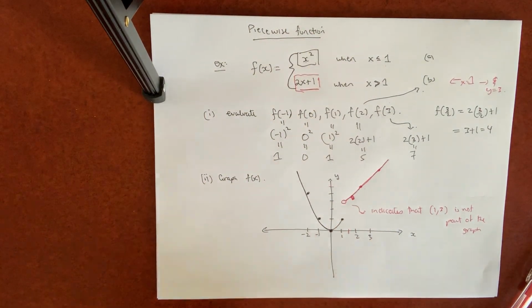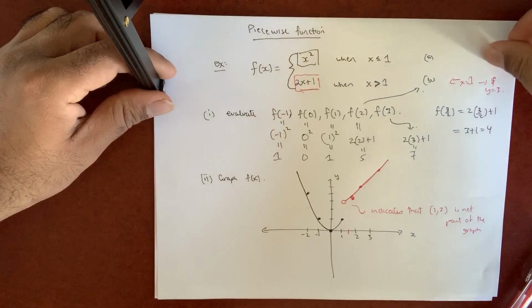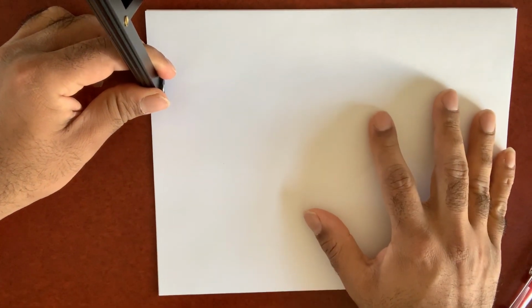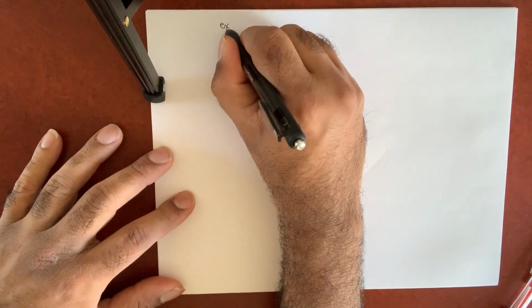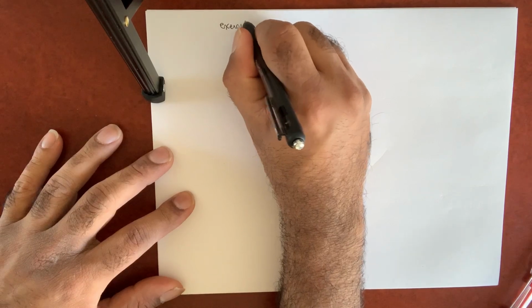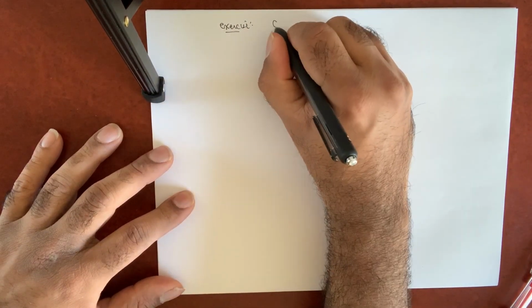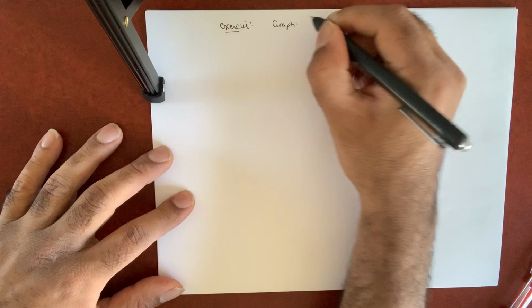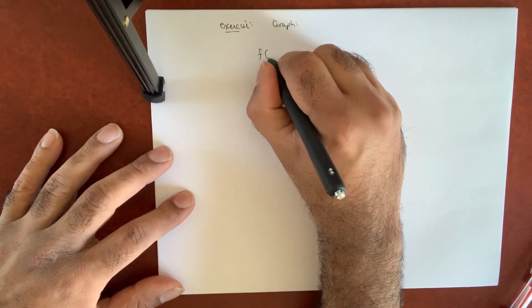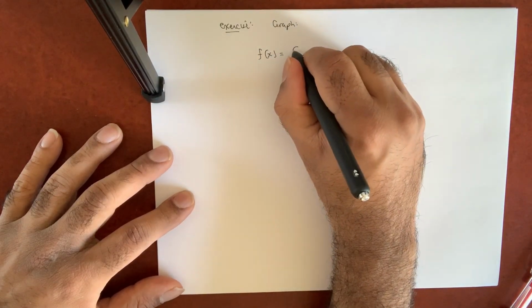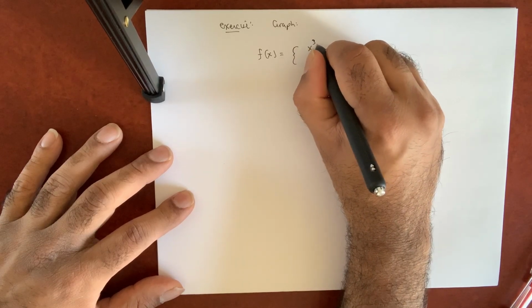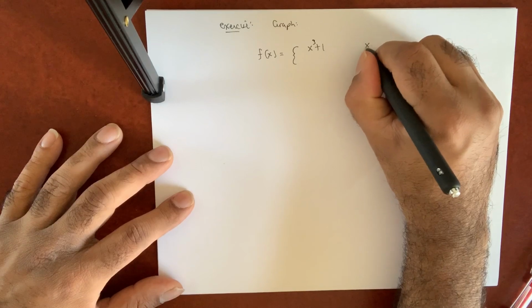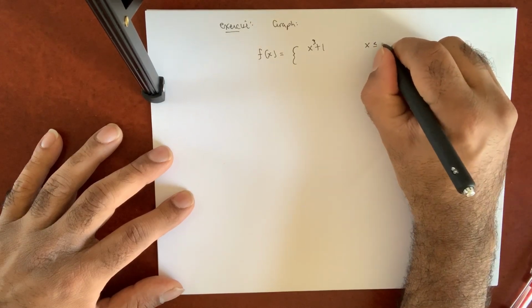Okay. So let me leave you with one exercise to try to graph another piecewise function. And we'll start with that in the next video. So exercise. Go ahead and graph the following. F of x equals x cubed plus 1 when x is less than or equal to 2.